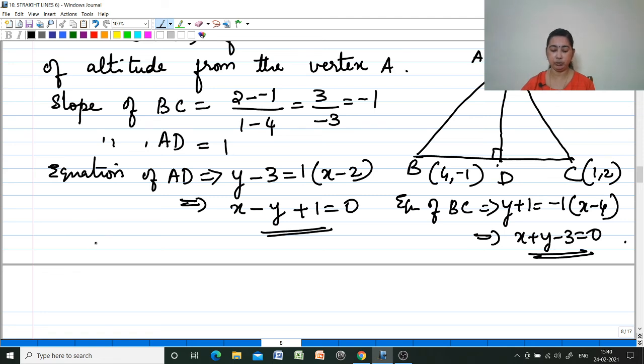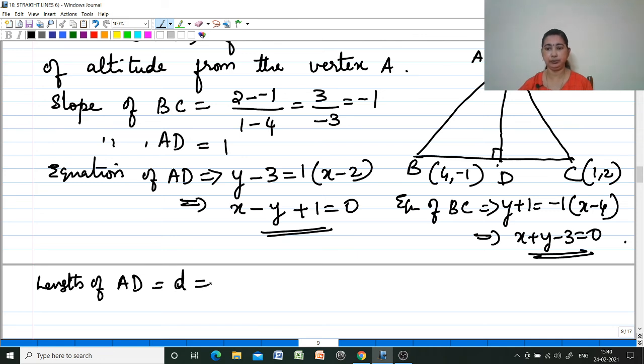Now we have to find the length of AD. The length of AD is the perpendicular distance from (2, 3), equal to modulus of ax1 plus by1 plus c. Here instead of x and y, I can put 2 and 3.